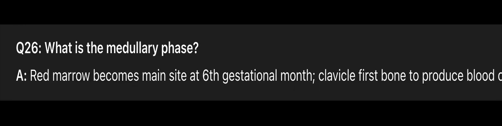What is the medullary phase? Red marrow becomes site of 6th gestational month. Clavicle first bone to produce blood cells.